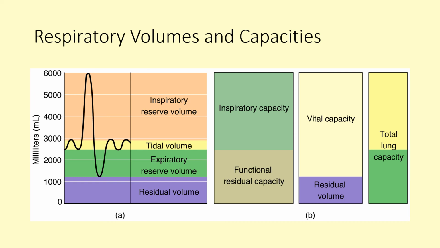Oftentimes with somebody after surgery, you need to monitor this to make sure that the anesthesia is not having a residual effect on it. It can also give you an idea of what their lung capacity is. Is it normal, or is there possibly lung disease, something else that's going on there?